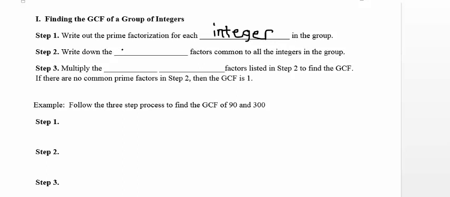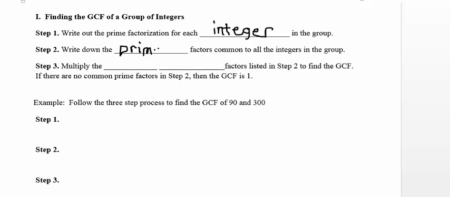We write down the prime factors common to all the integers in the group. We multiply the common prime factors listed in step 2 to find the GCF. If there are no common prime factors in step 2, then the GCF is 1.